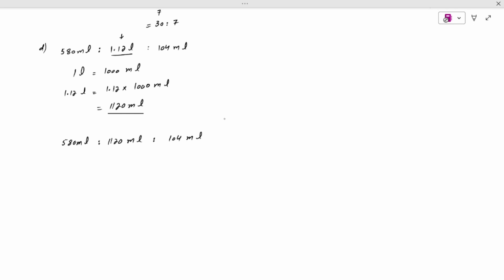Now we simplify these ratios by using the table of 4. That is, 580 can be written as 145 times 4, 1120 can be written as 280 times 4, and 104 can be written as 26 times 4. Now 4 exists in all three quantities. We cancel 4 and we get 145 ratio 280 ratio 26.